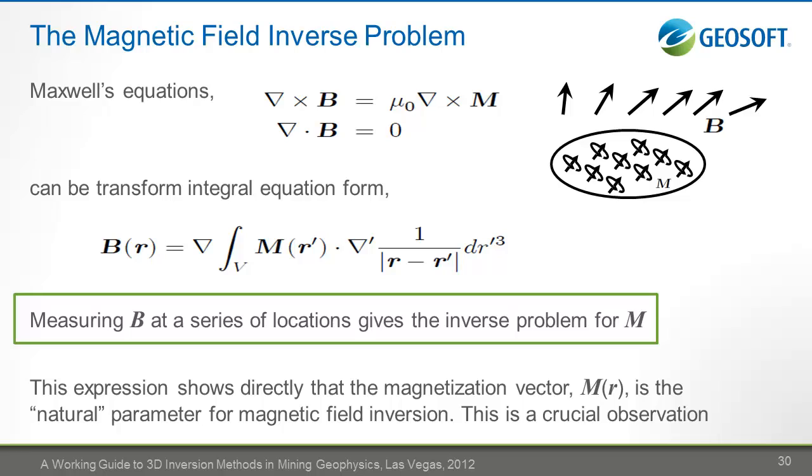So when you look at this expression, you can see that B can be derived directly from M, and this is indicating that this magnetization M is the natural parameter for magnetic field inversion.